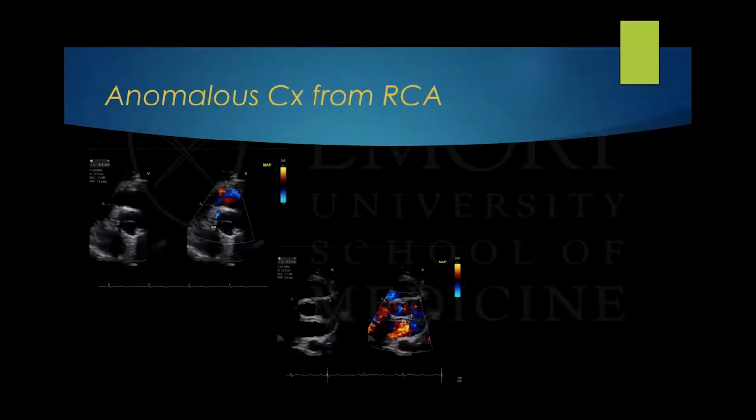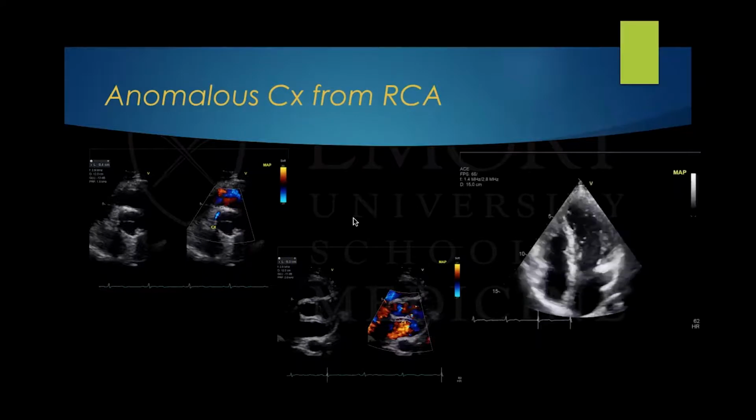And the last one is the anomalous circumflex from the right coronary artery. This is a very benign course, and the circumflex originates from the right, and this blue flow tells you the trajectory of the flow down.